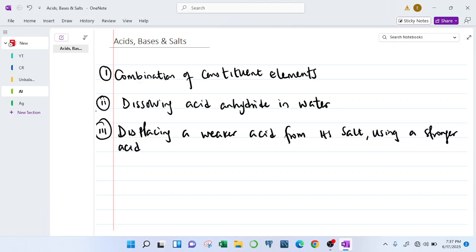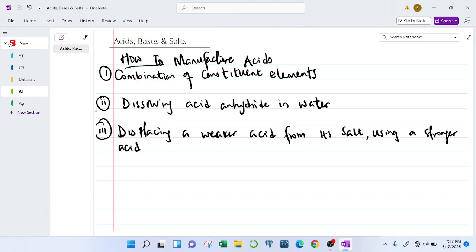So these are the three main methods of manufacturing or producing acids. So let's just call it how to manufacture acids.